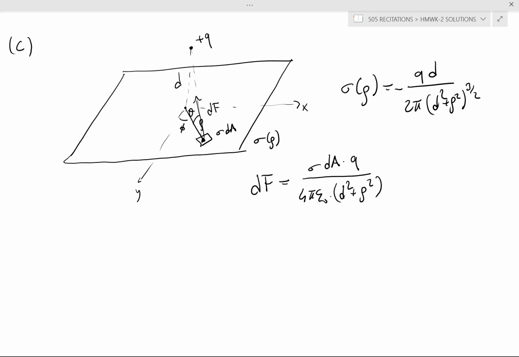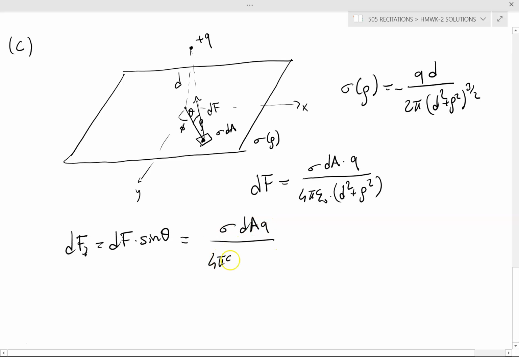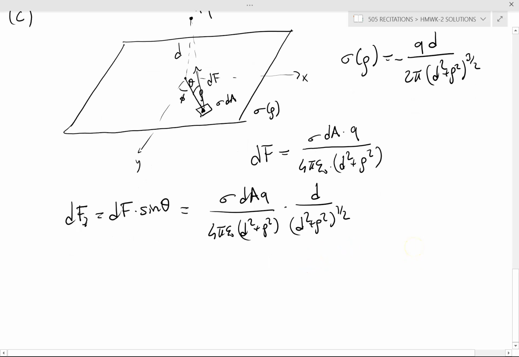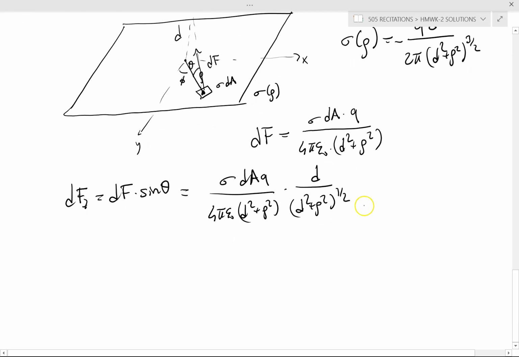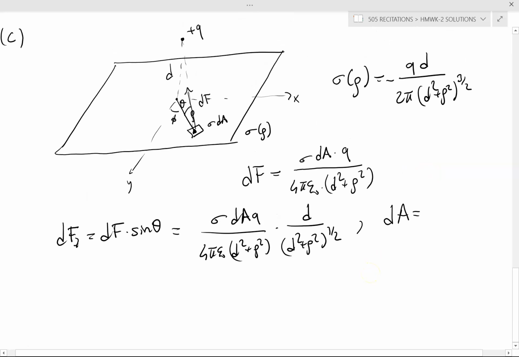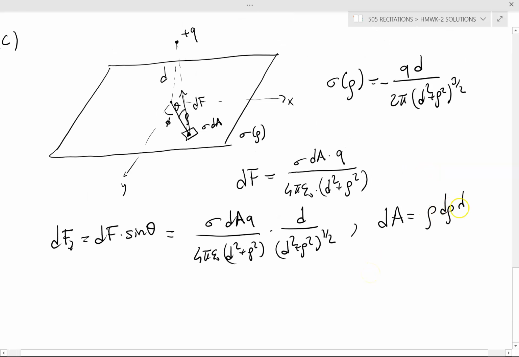So let me calculate dFz as dF sine theta. That is dA q divided by 4πε0 (d² + ρ²), and sine theta is nothing but d divided by (d² + ρ²) to the power of 1/2. I will integrate dA in cylindrical coordinates, rho d rho d phi.